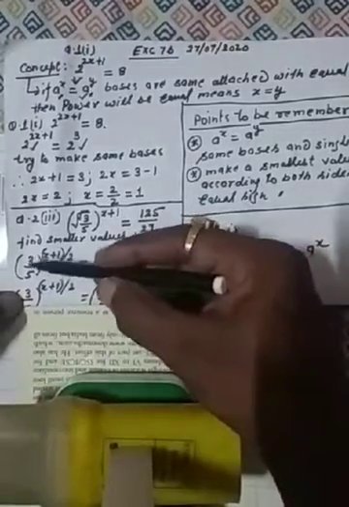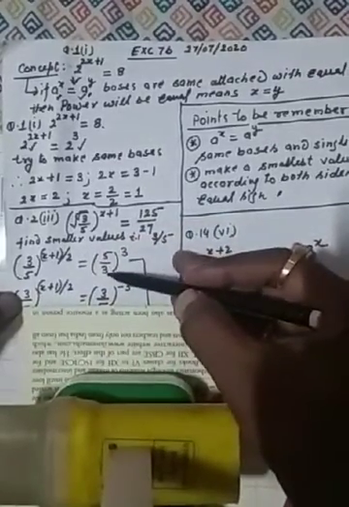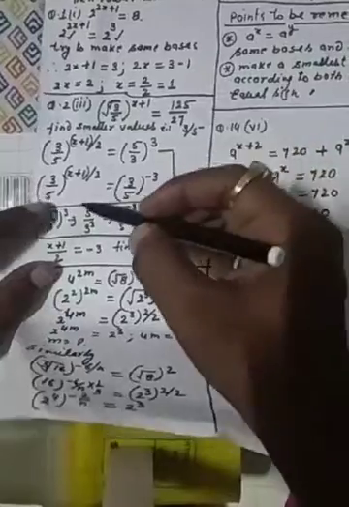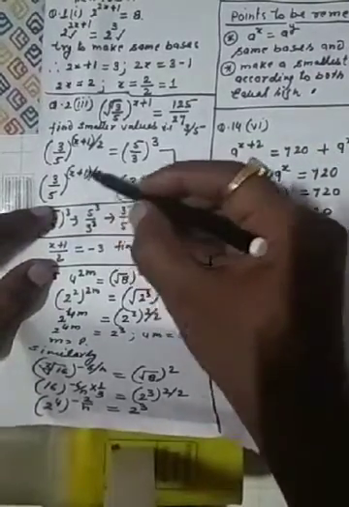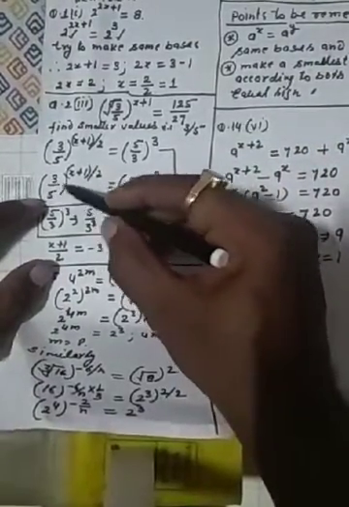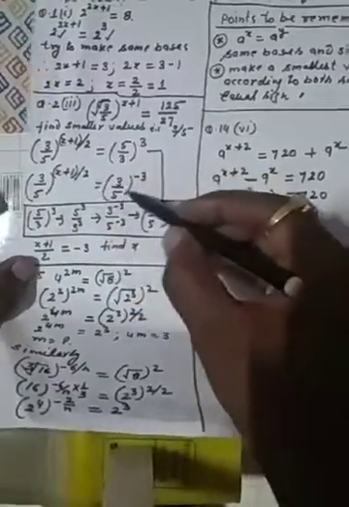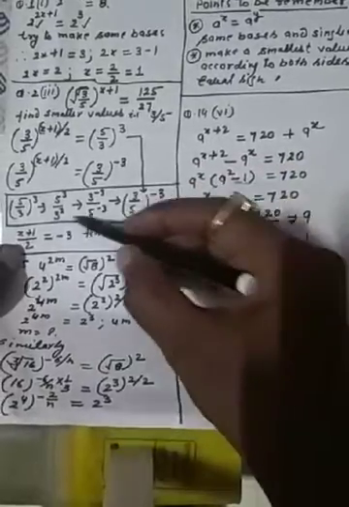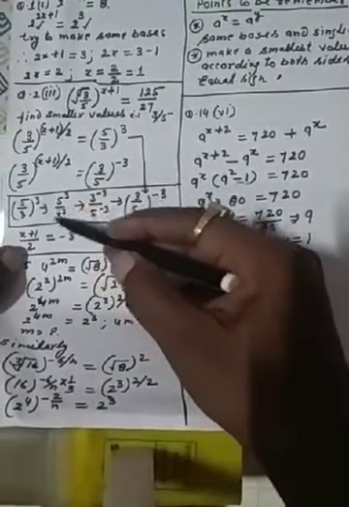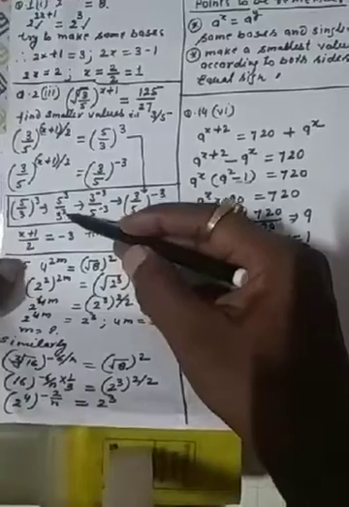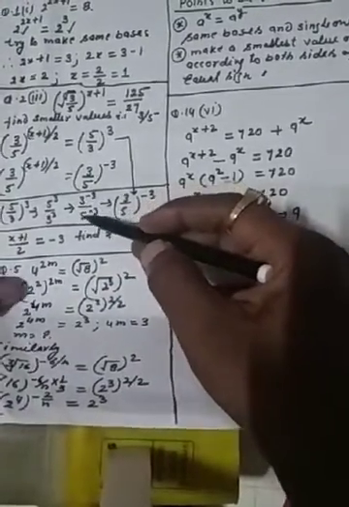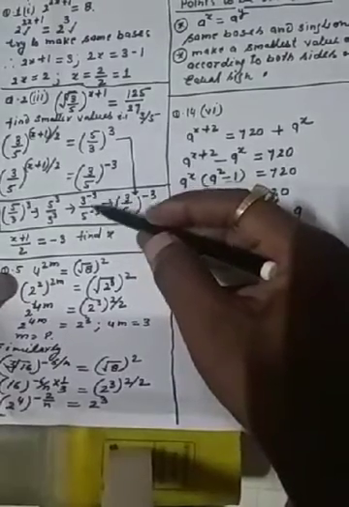Now the question is, here is 3 upon 5 and here is 5 upon 3. You have already learned a to the power minus n is equal to 1 upon a to the power n, or a to the power n is equal to 1 upon a to the power minus n. So 3 upon 5 to the power x plus 1 upon 2 is equal to 3 upon 5 to the power minus 3. How does it become that? See, 5 upon 3 to the power 3 is 5 to the power 3 upon 3 to the power 3, and if the numerator goes to the denominator, the power sign will be changed.